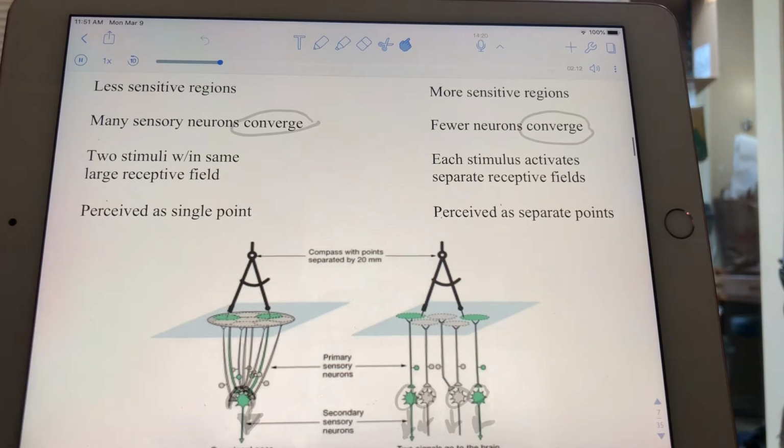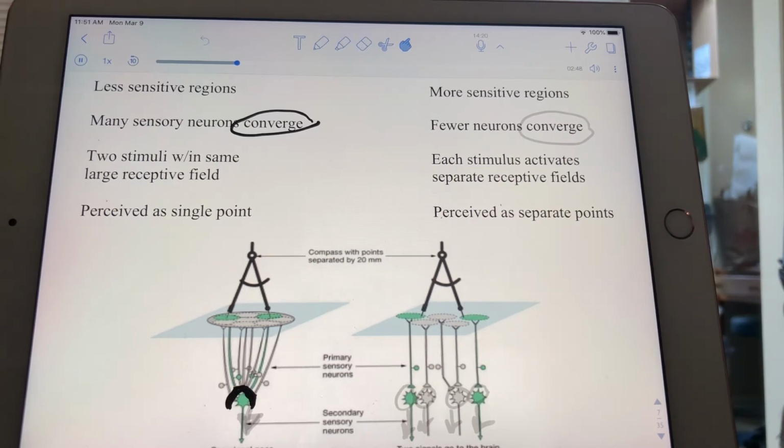When we're encountering a region, for instance, of skin that's less sensitive, there will be many sensory neurons that converge on the same second order neuron, for instance, or converge on the same first order neuron. They're converging on the same neuron in a chain. Okay?